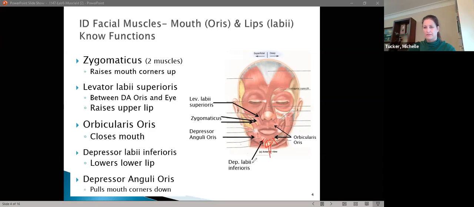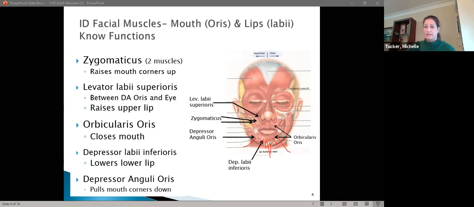Labii means lips. So we're going to depress the lips. So you've got chin for mentalis, lips for depressor labii inferioris. And then if you go out to the next set, here and here, we have depressor anguli oris, lowering the angles, the corners. Oris is of the mouth. So depressor anguli oris is going to lower the corners of the mouth.